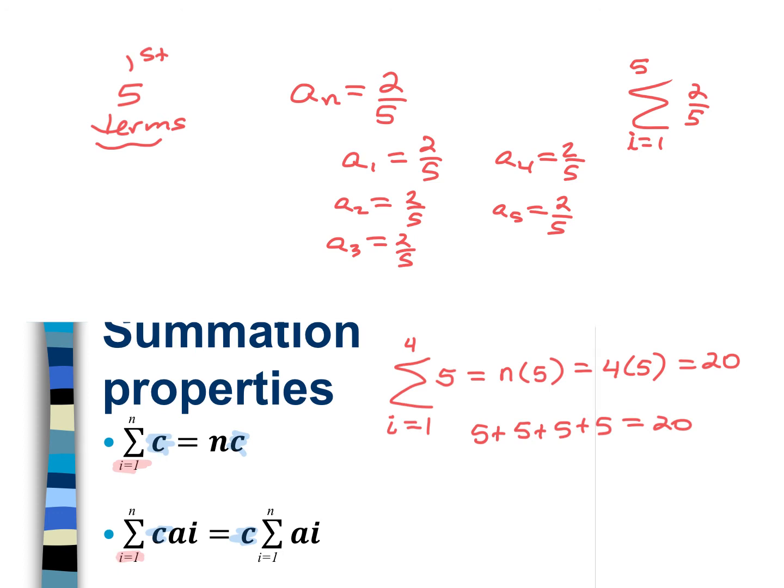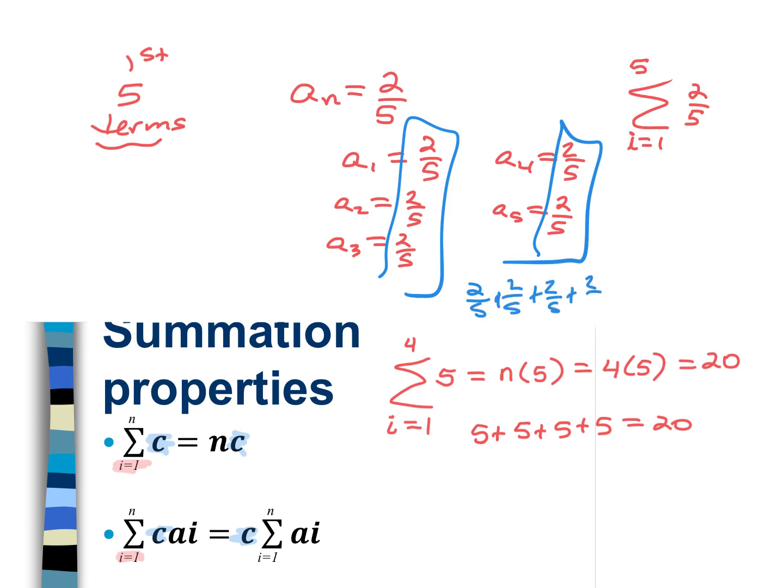So in order to find what this sum would have been, if I were to go back and add all these 2/5, a shortcut way to do it, instead of doing 2/5 plus 2/5 plus 2/5 plus 2/5 plus 2/5, I could just take my n value and multiply it times the constant. And this sum is going to be 2. Because if you were to add these, 2 plus 2 plus 2 plus 2 plus 2, 2, 4, 6, 8, 10 over 5, and notice it gives you 2.